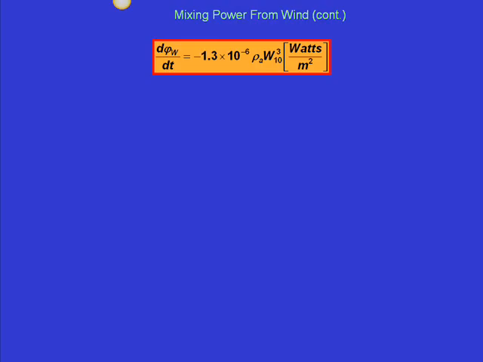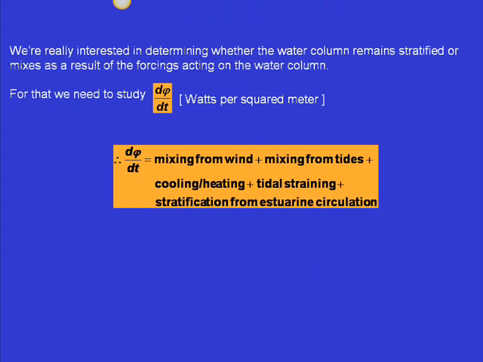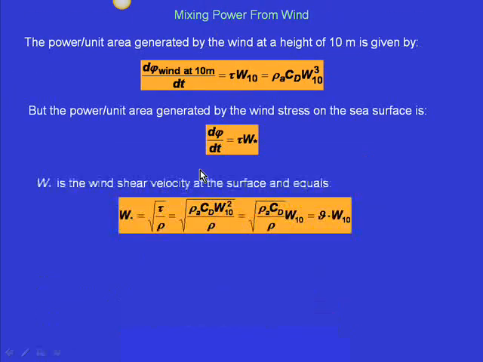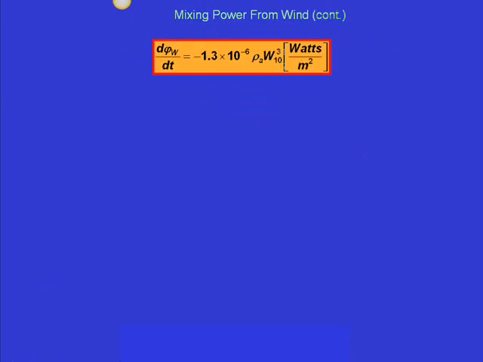So we can start building. If we go back to here, we can start building this equation because we now know how to represent this mixing from wind. And that mixing from wind is given by that expression. Notice that we have a minus sign there.